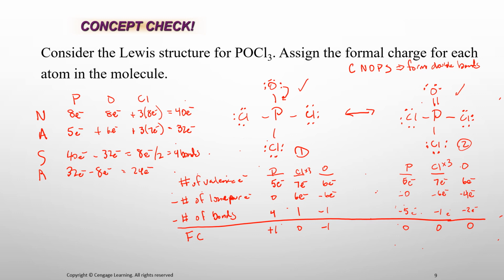So to determine which one is best, again, I'm going through my rules. The structure that has the greatest number of zeros, in this case my double bonded phosphorus oxygen molecule, is going to be the best structure. So this will be the most likely resonance form, greatest contribution to the structure of the molecule.